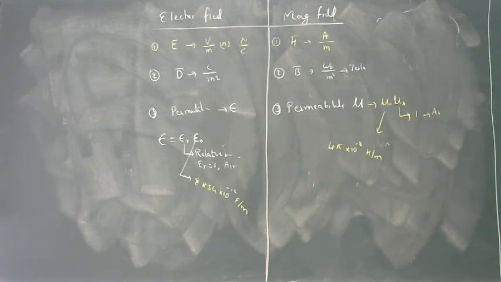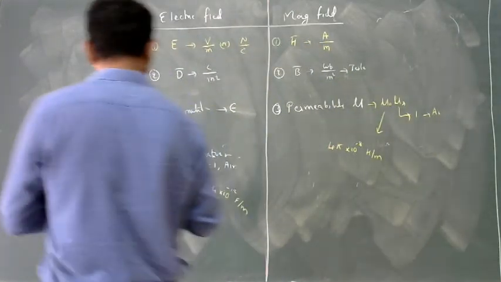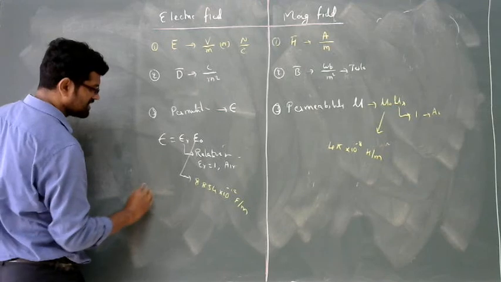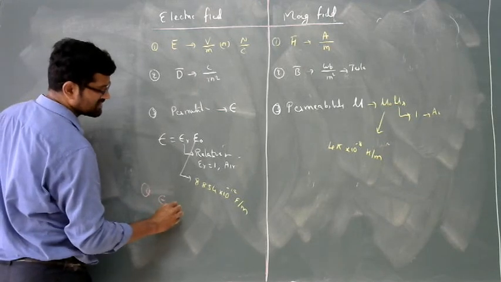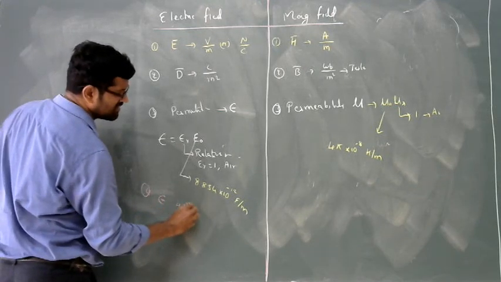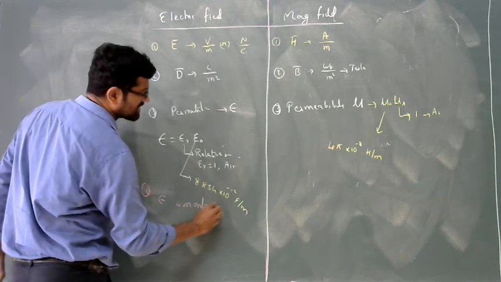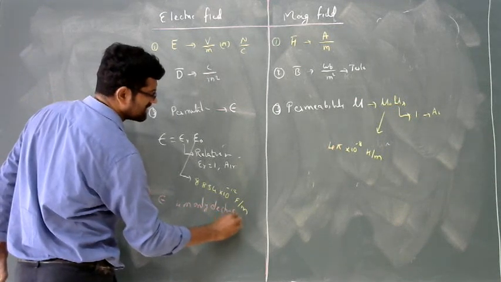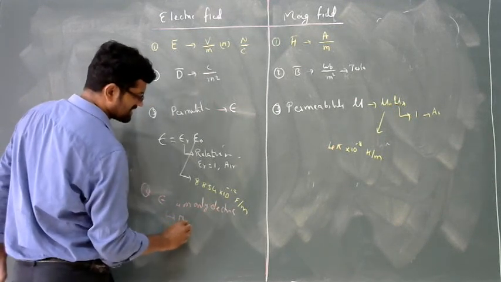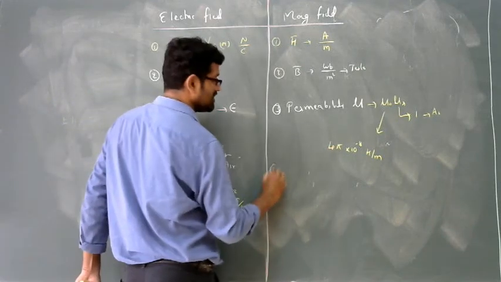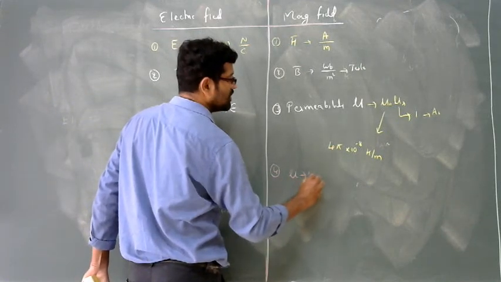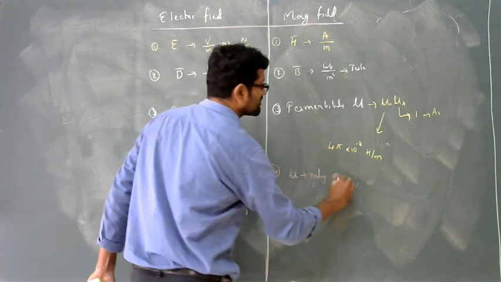Here the effect of epsilon is only on the electric field. This effect is not on the magnetic field. Similarly, the effect of mu, the permeability, is only on the magnetic field.